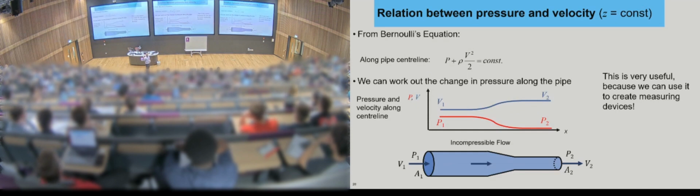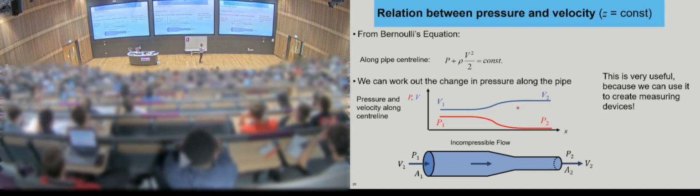But don't forget Bernoulli's equation. If we consider the streamline along the center of the pipe, we know that the pressure plus a half rho V squared must be equal to a constant. There's no difference in the Z. So this allows us to work out what's going on along our pipe.